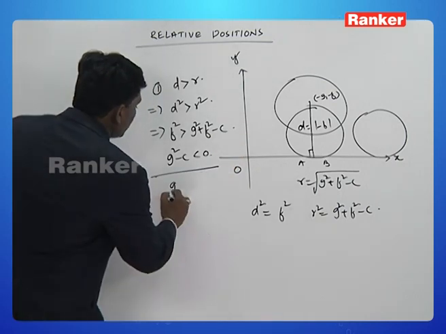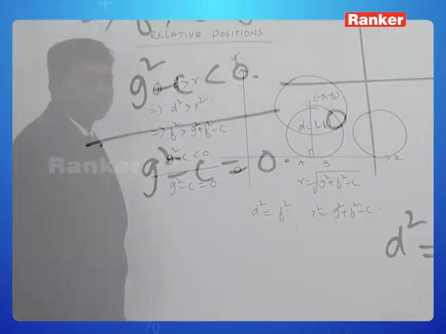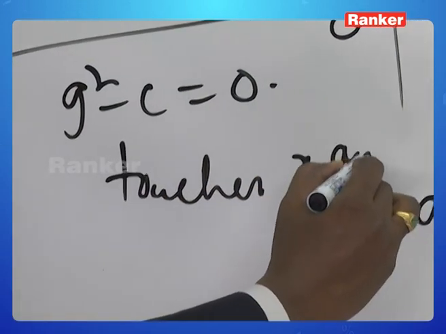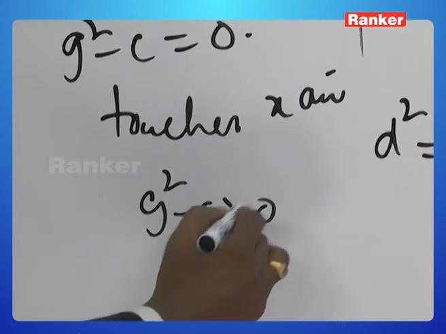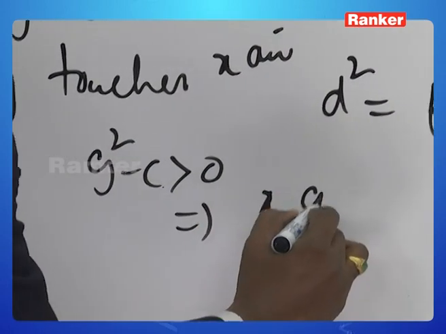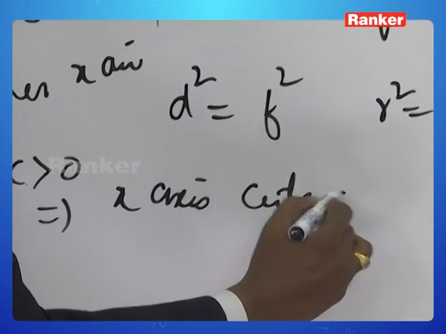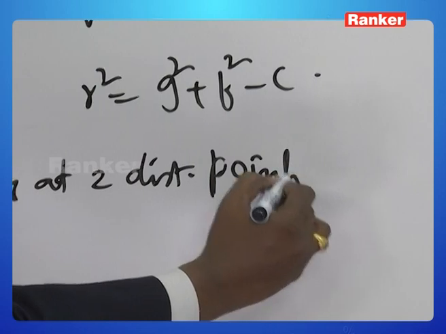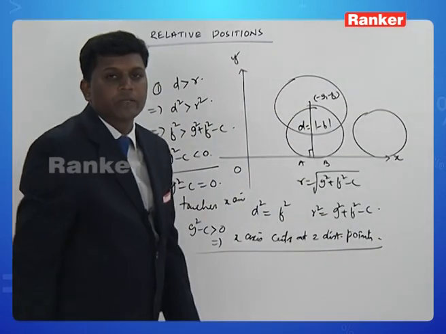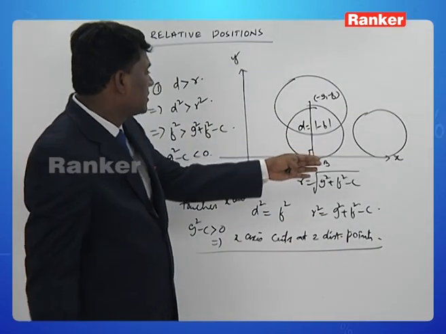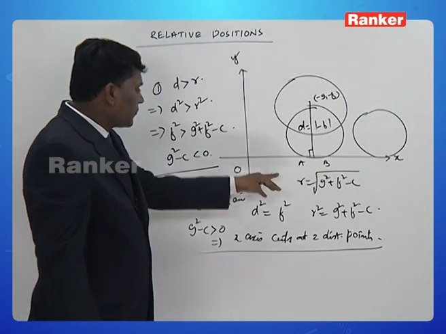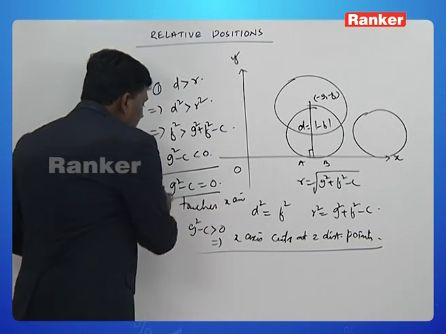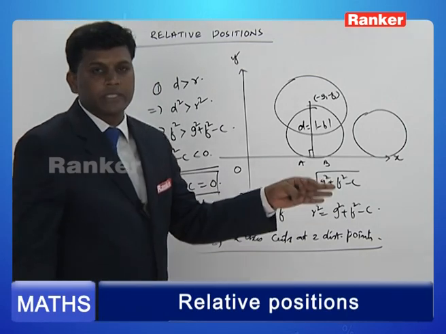Similarly, if g square minus c equals 0, the circle touches the x axis, and if g square minus c is greater than 0, the x axis cuts at two distinct points. Like this we can analyze very comfortably with respect to the axis. So, if g square minus c equals 0, a very important middle case, then the circle touches the x axis.